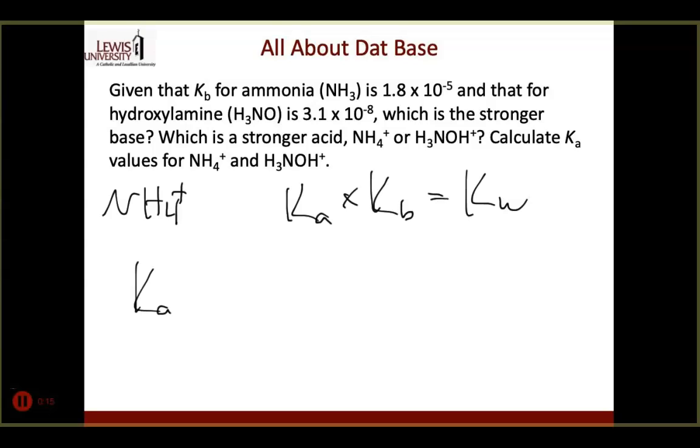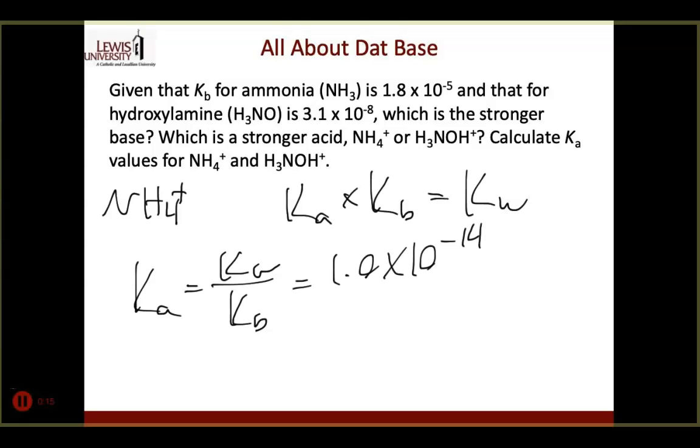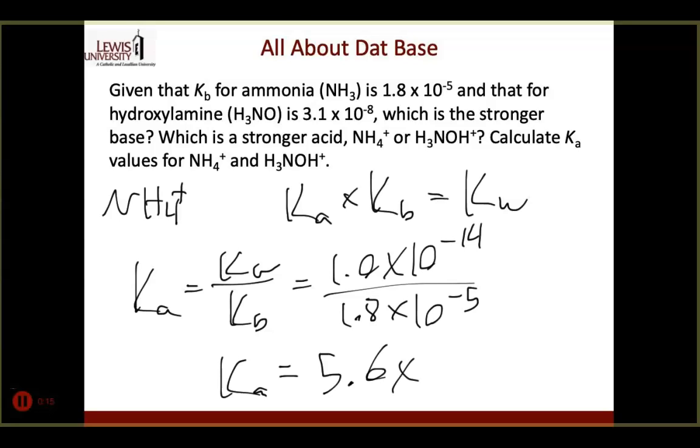So Ka can be calculated by taking Kw and dividing it by Kb, so 1.0 times 10 to the minus 14th divided by the Kb value, 1.8 times 10 to the minus 5th. That should give us our acid dissociation constant, which is 5.6 times 10 to the minus 10th. All right, so that's the Ka value for ammonium.